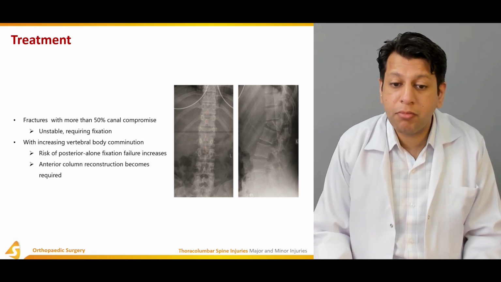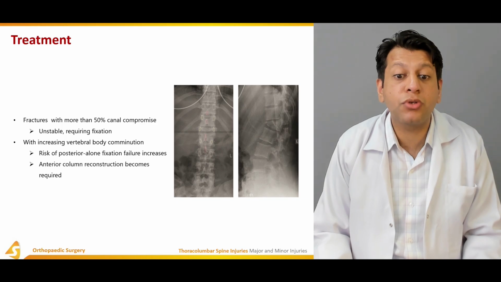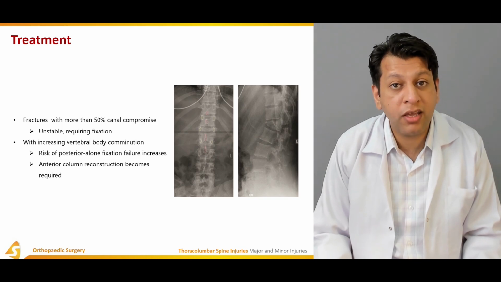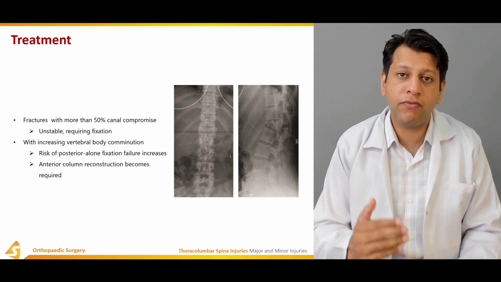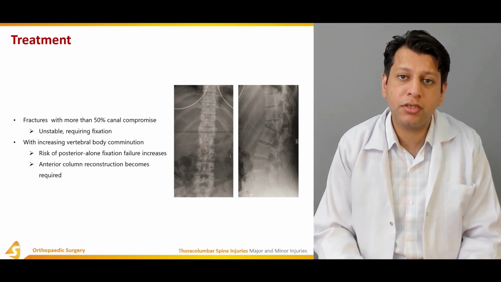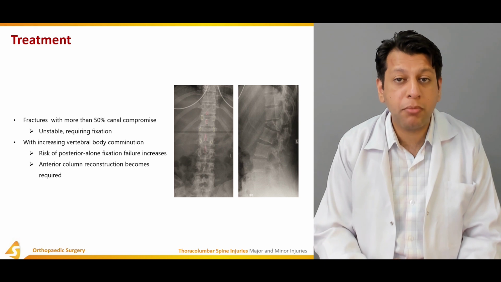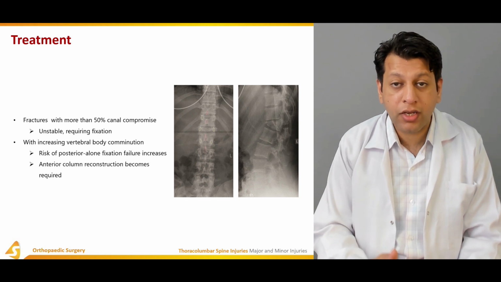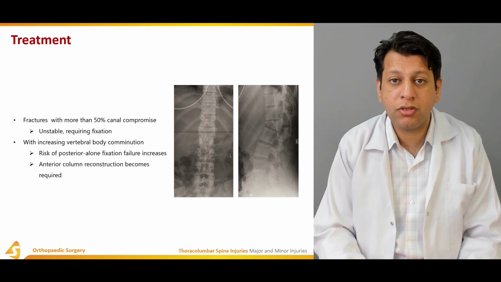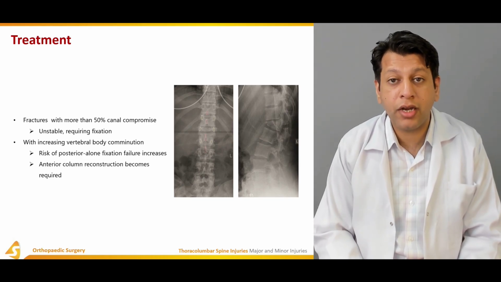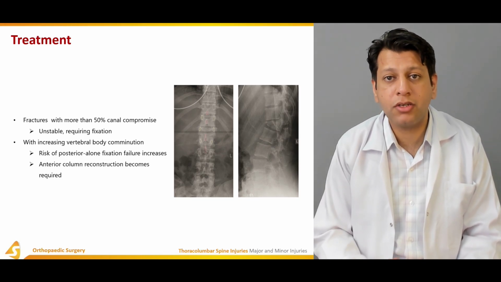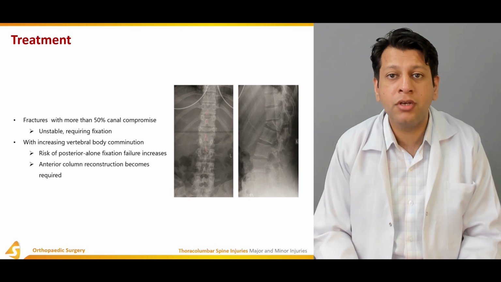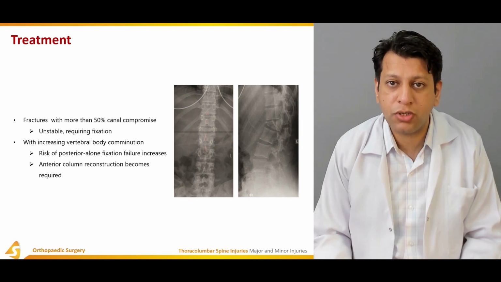With increasing vertebral body comminution, there is a risk of posterior-alone fixation failure. Why? Because usually in these kinds of compression flexion injuries, or flexion distraction injuries, first there is a compression injury of the anterior and middle column. Now the anterior and middle column has already become unstable. When the distraction occurs at the posterior column, this leads to a ligamentous disruption as well.